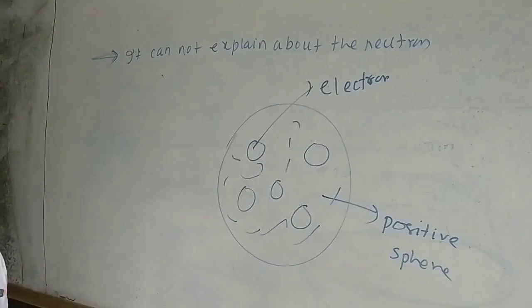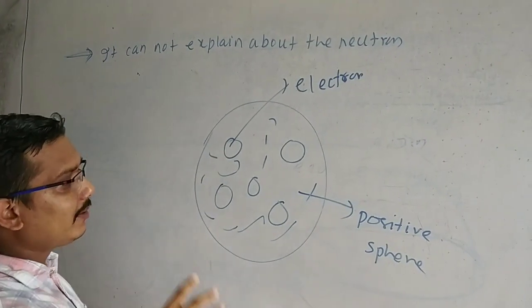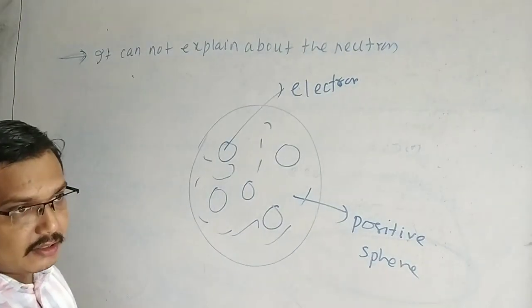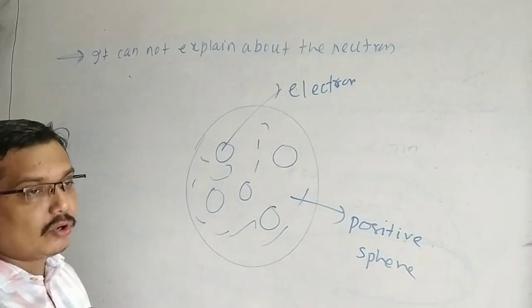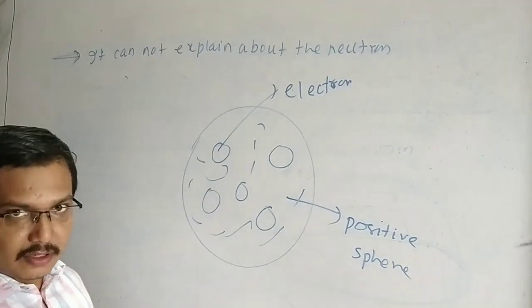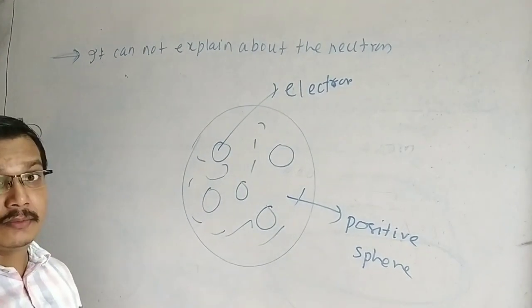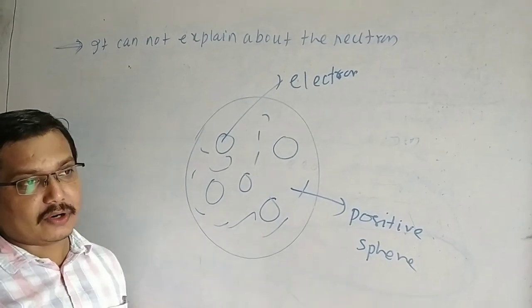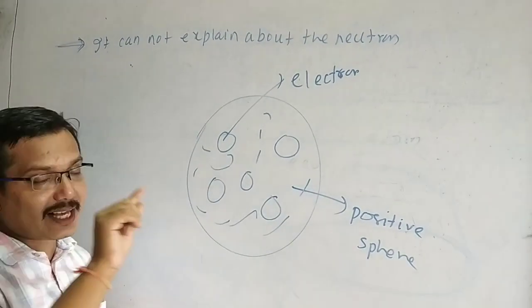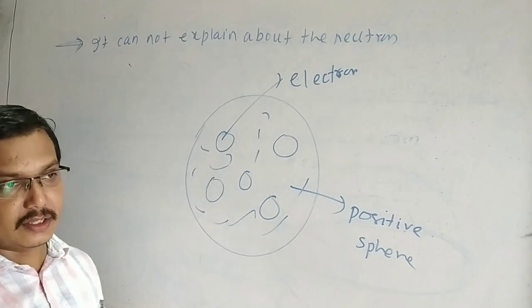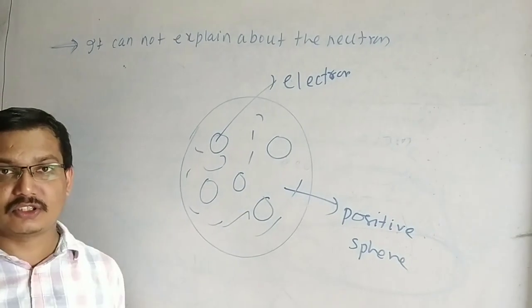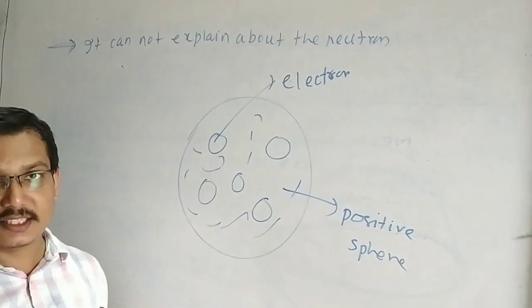No doubt Thomson gave an explanation towards the electron and proton arrangement. But when Bohr's atomic model came, the electrons are arranged in a fixed manner, that is, in fixed orbits, considered as the shells K, L, M, N like this.